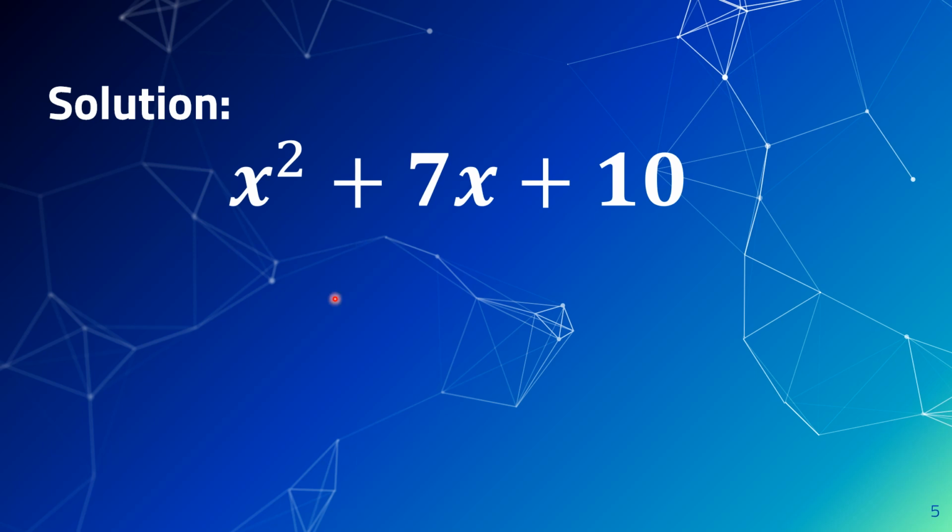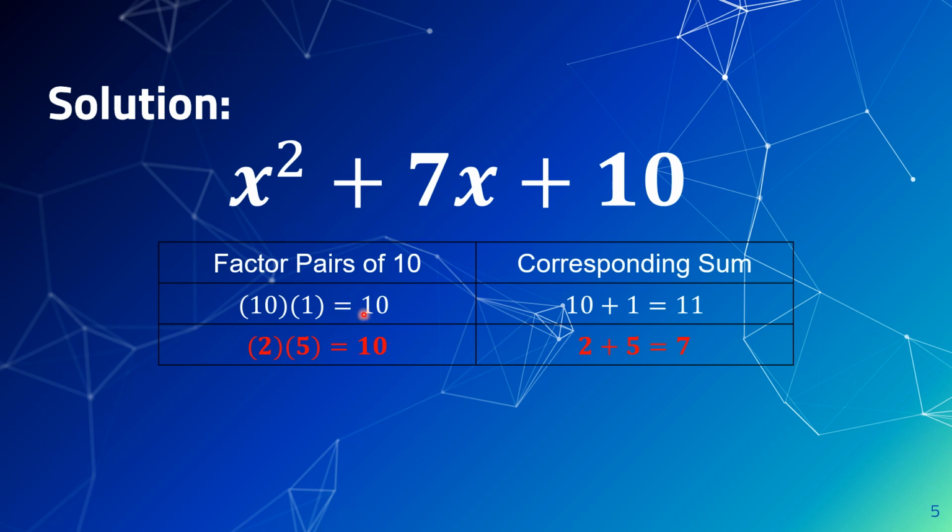So using a table, we have here the factors of 10. Both pairs will give you a product of 10. But if you add, the first pair, which is 10 and 1, will give you a sum of 11. Then the other one will give you a sum of 7. So it means that the second pair of factors satisfies the given condition. So we can now rewrite this.